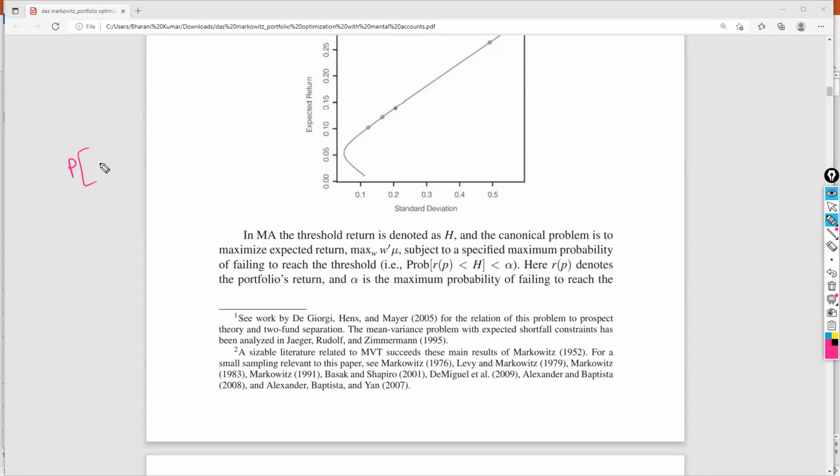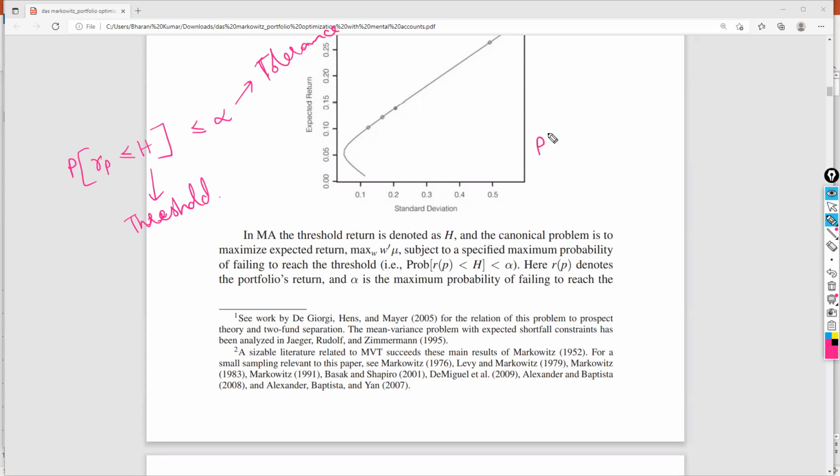Probability of return on the portfolio should be less than or equal to H, where H is given as threshold, less than or equal to alpha, where alpha is another threshold, or let me call it tolerance.